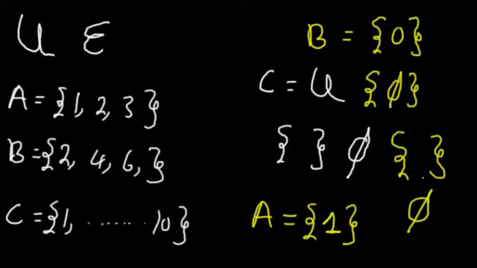Now let's move into what we call disjoint of a set. So what exactly is disjoint of a set? Let's consider A and B to be sets. For two sets to be disjoint, there must be no element in common between them.